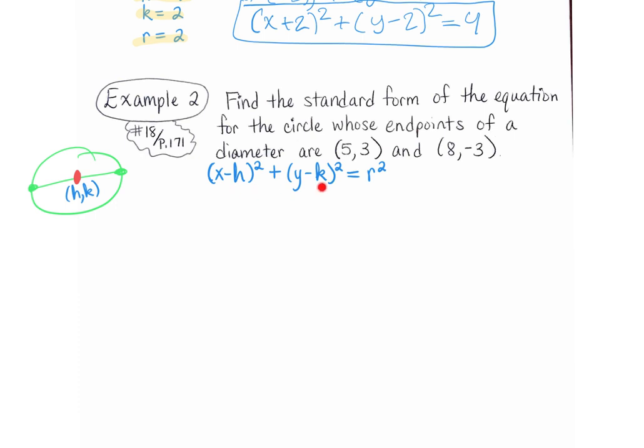And if we know h comma k, and we choose either one of these points as your x and your y, then we'll know what h and k are, and we can also find the radius. Okay, so let's recap. We know that the endpoints of the diameter of this circle are 5, 3, and 8, negative 3.